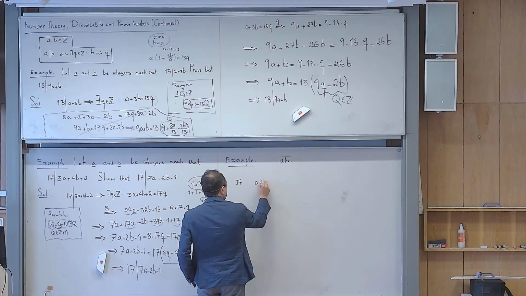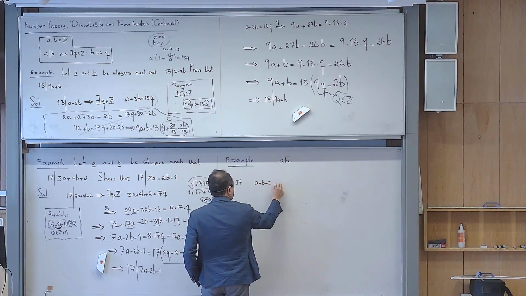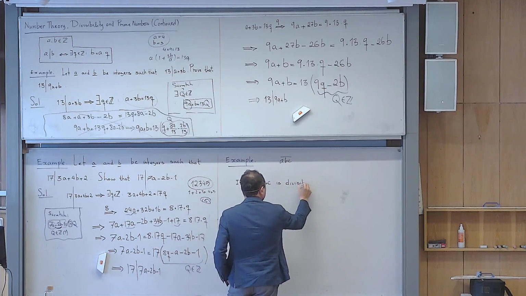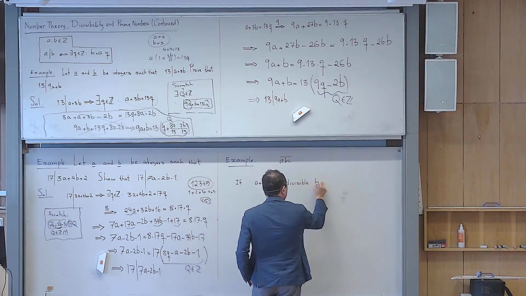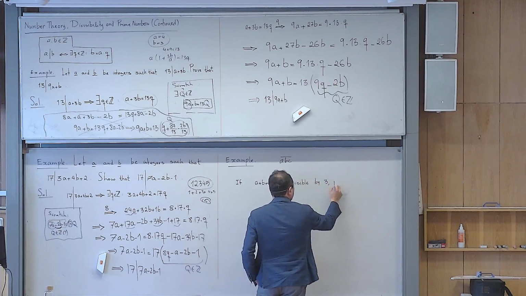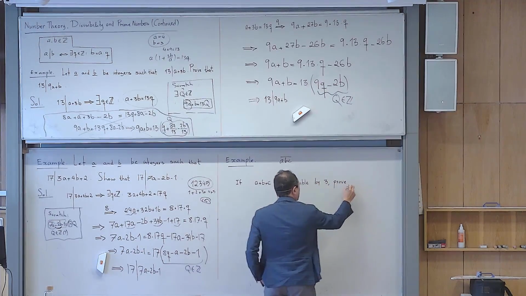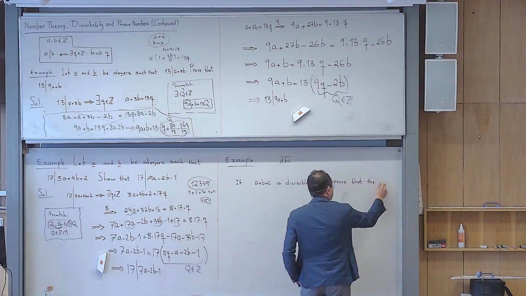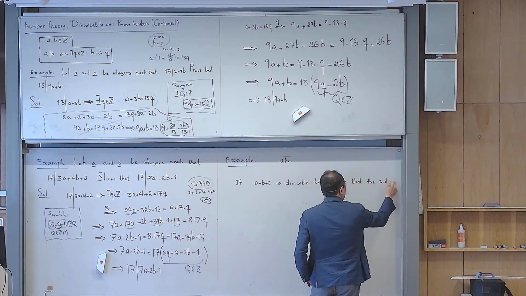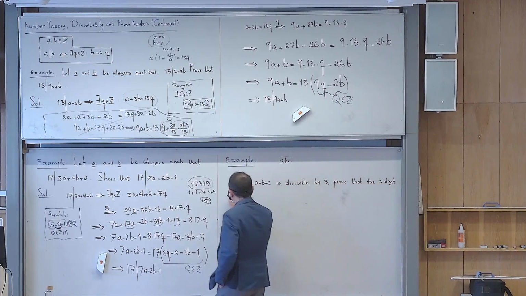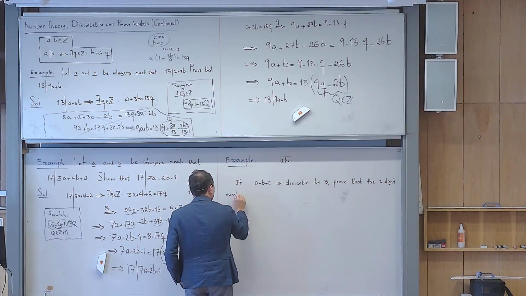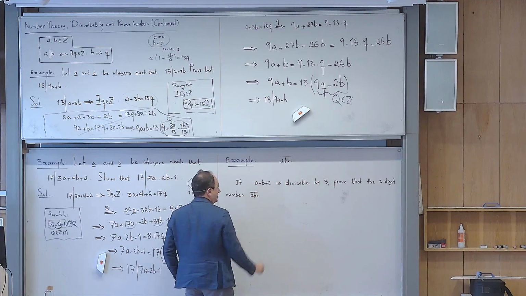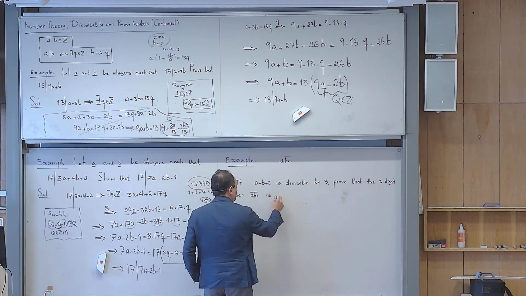So my goal is to show that if A plus B plus C is divisible by 3, prove that the 3-digit number ABC bar is divisible by 3.